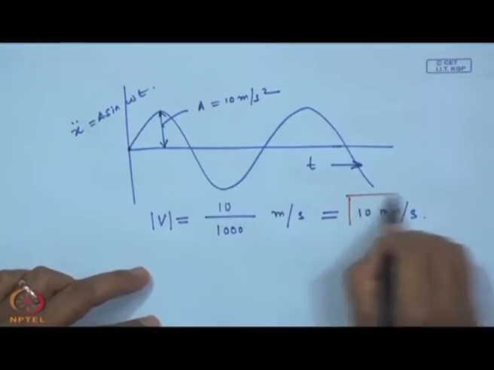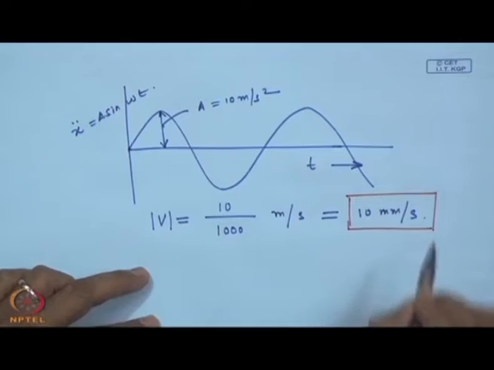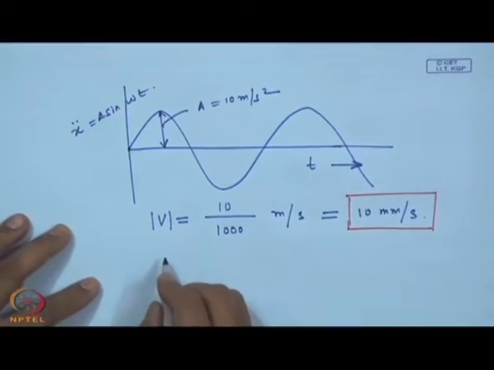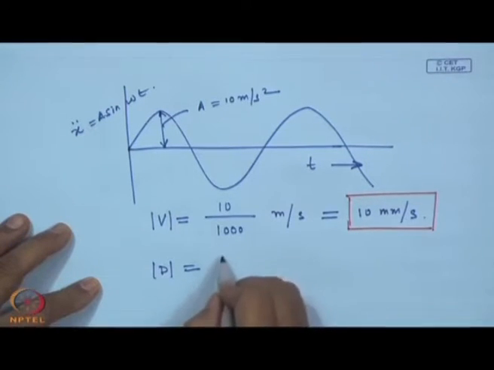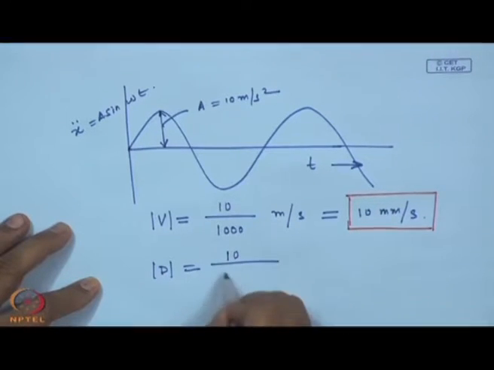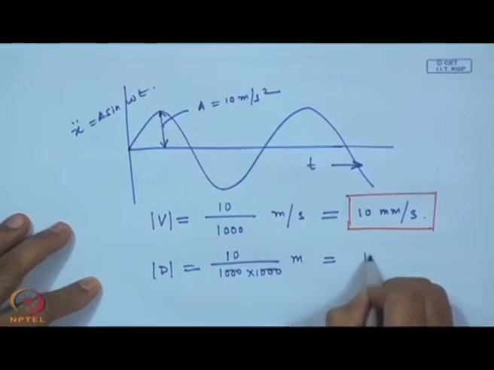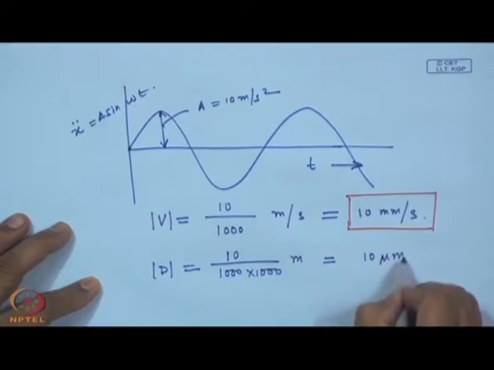I am putting them in the box to explain to you later, and similarly the displacement magnitude will be nothing but 10 divided by 1000 into 1000 meters, that is equal to 10 micrometer.